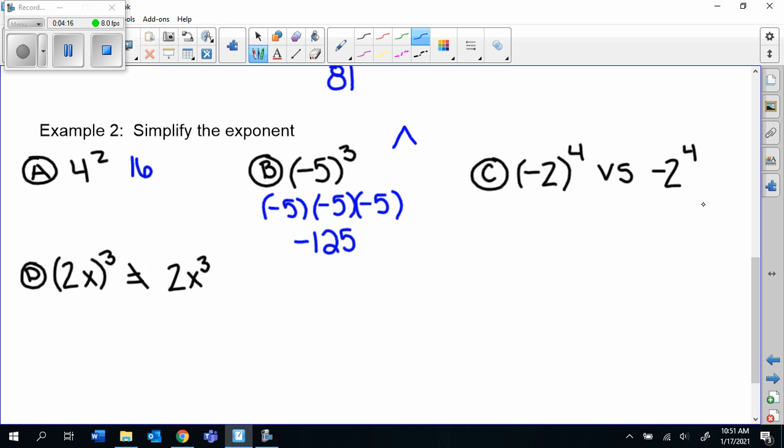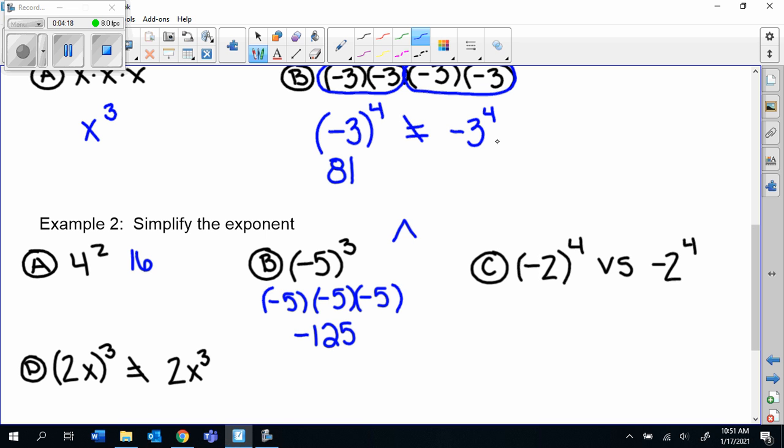Most calculators have an exponent key if you're using that as a shortcut. All right, so why weren't these two the same? I'm going to address that right here. When you put your negative inside your parentheses, you're communicating that you want to include that when you perform the operation of the exponent.